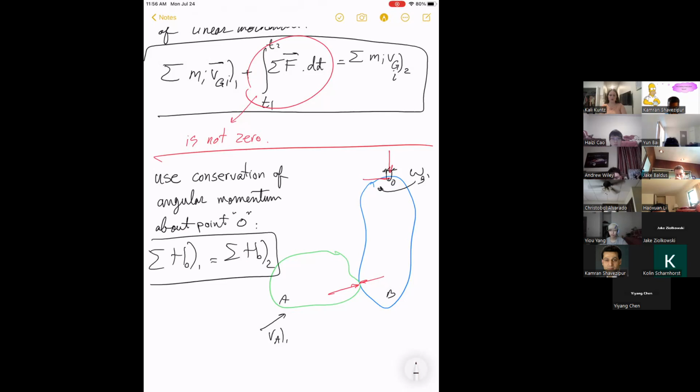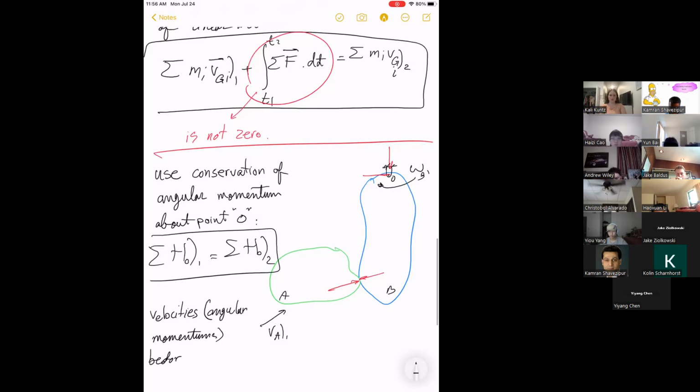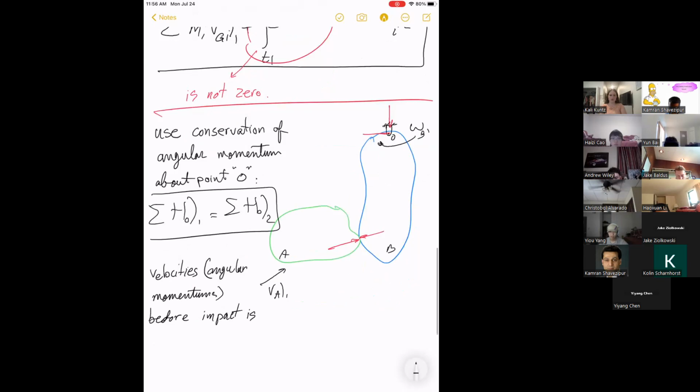Now, remember, the velocities or angular momentums before impact are known.